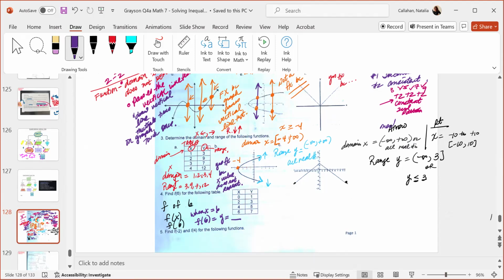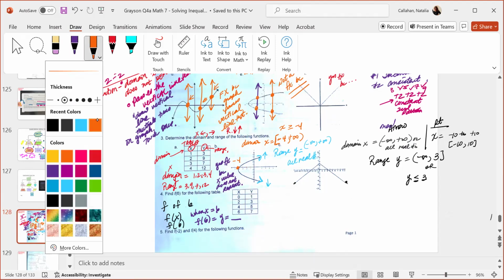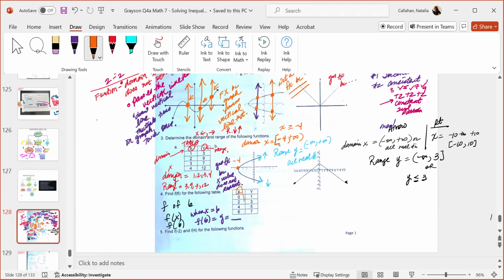When x is 6, look for x and look for 6. Do you see when x is 6? Okay, where is it? Point to it. When x is 6 is right here, correct? What's your y value? There you go. So f of 6 equals 7.